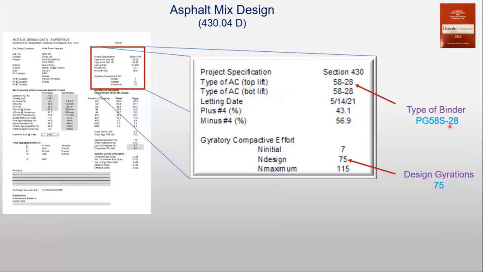The inspector is going to know what kind of binder they're going to use on the project. They're also going to know the gyrations. This has been fairly standard at 75 for many, many years, to run these gyrations in the gyratory for the mix. But nowadays, there are a few jobs out there that actually have less than that, so you want to make sure you check that.